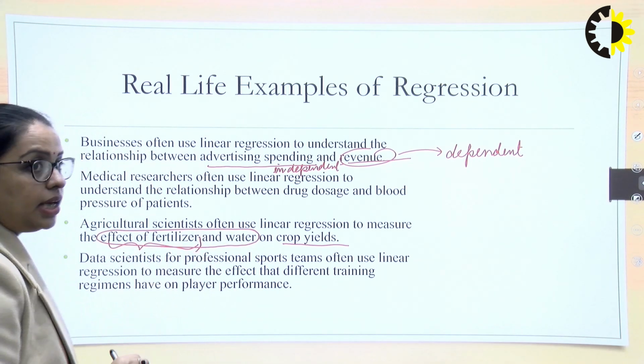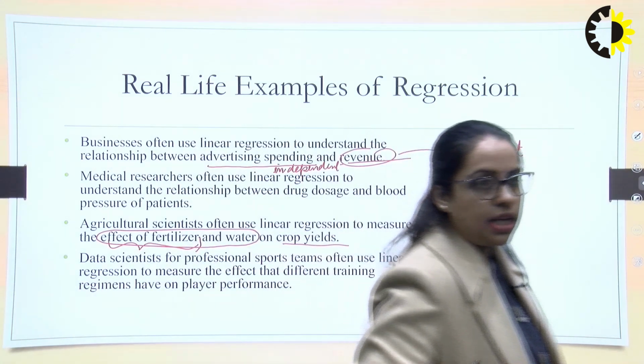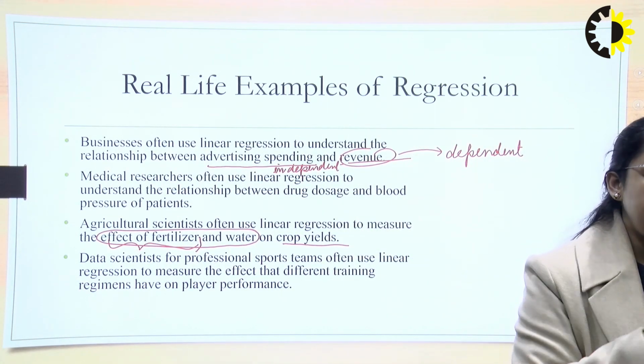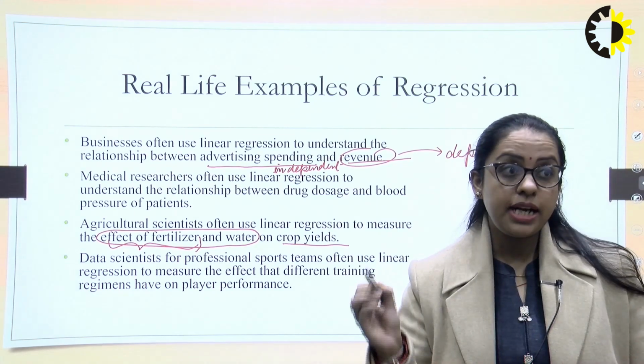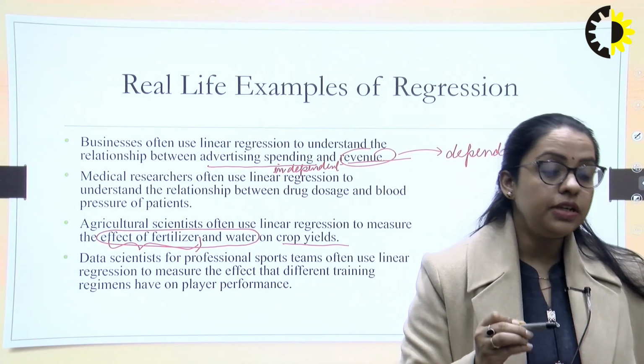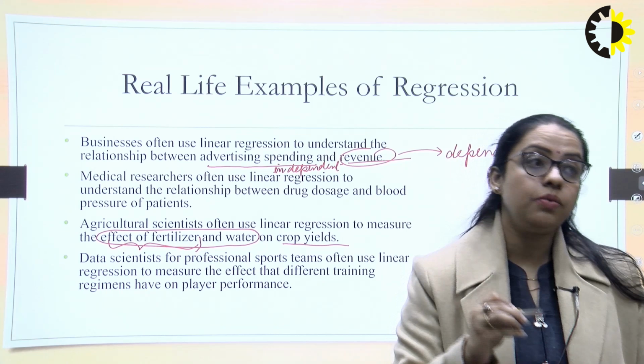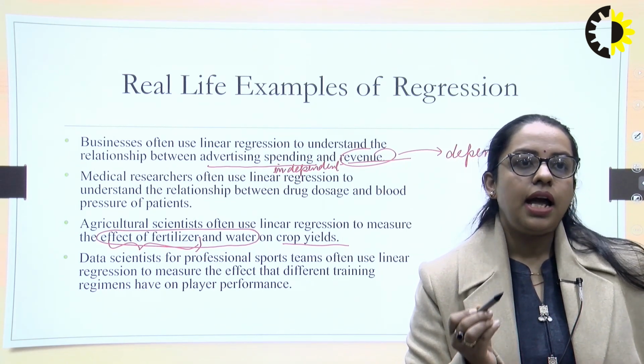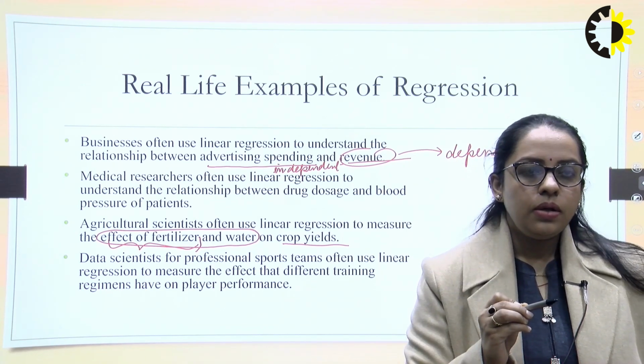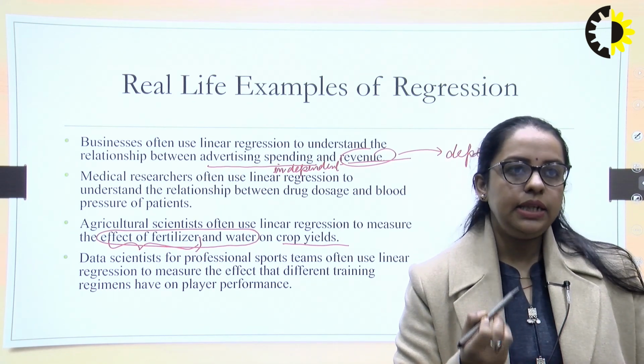These both will be represented on the x-axis, and crop yields are the dependent variable, depending on the effect of fertilizer and water, the quality of fertilizer and how it is helping the yield of crops.